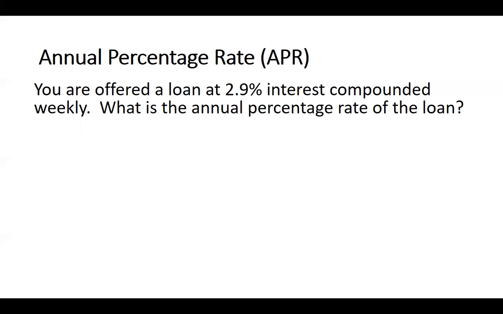So you're basically taking your compounded interest and saying, okay, let's make it act like simple interest. What would be the comparison? So you're offered this loan at 2.9% interest compounded weekly. Since it's compounded weekly, we're compounding 52 times a year. What is the annual percentage rate of the loan?